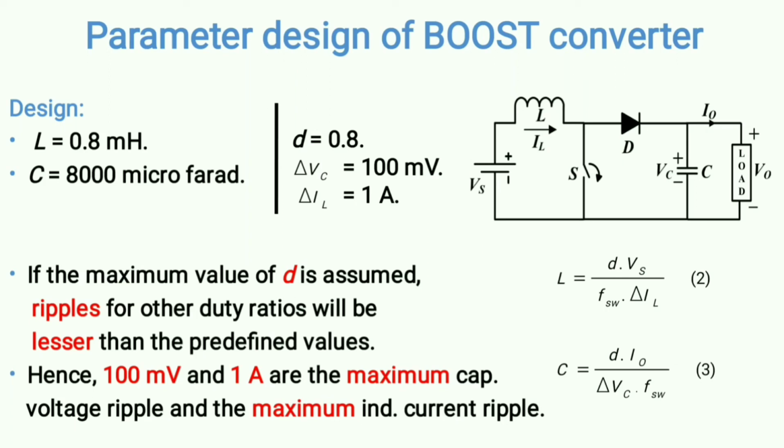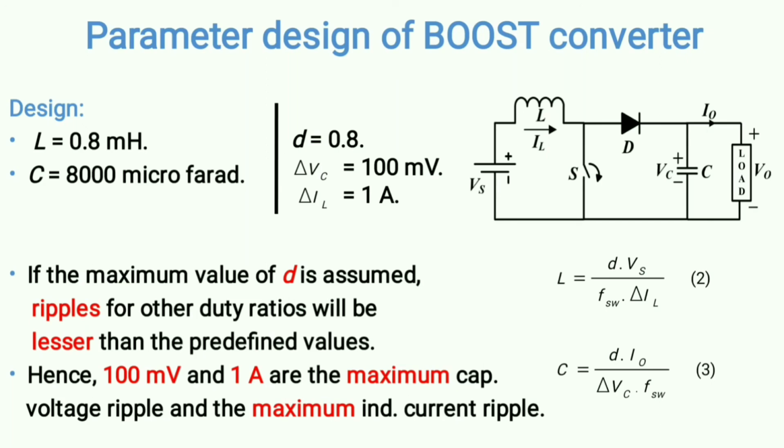Okay, that's it. And yes, last thing: here as you can see the inductor value is 0.8 millihenry and C is 8000 microfarad. So maybe in the market these values may not be available. Suppose 0.8 millihenry is not available, then you have to choose the nearest value which is also higher than this.